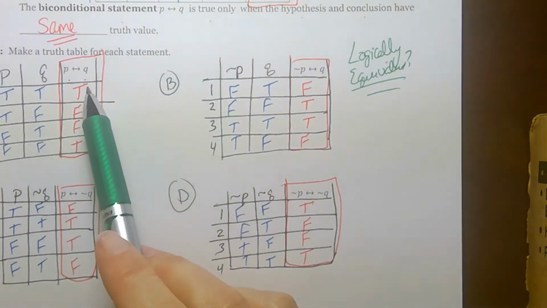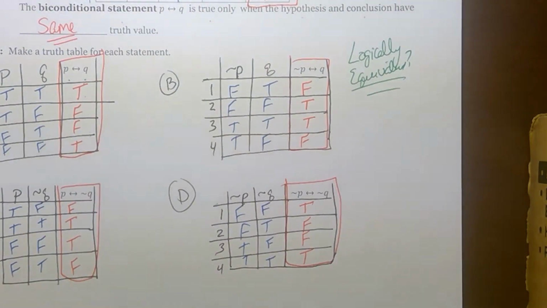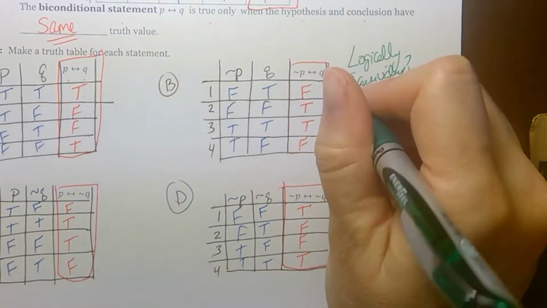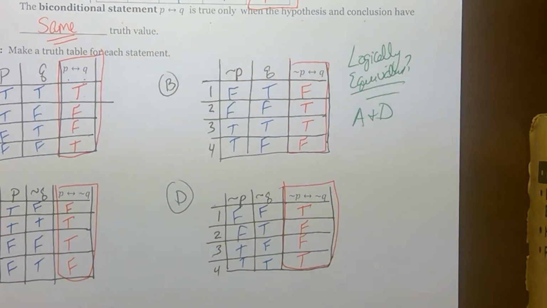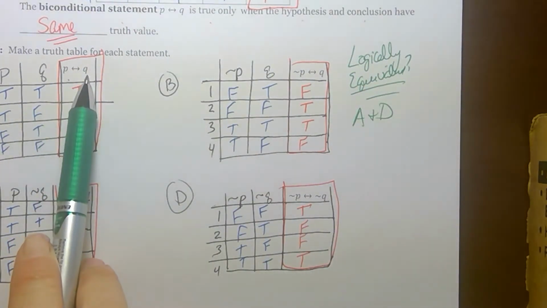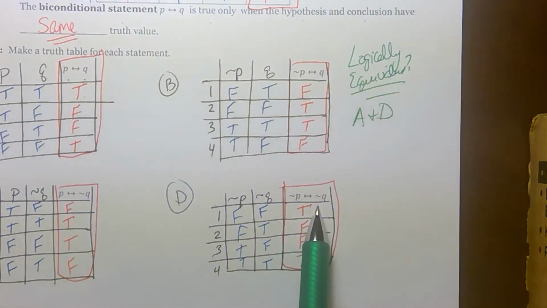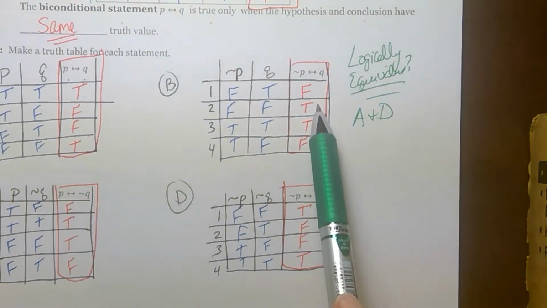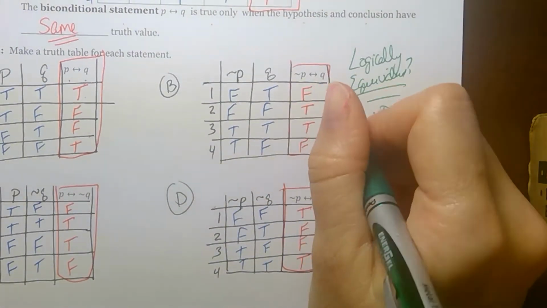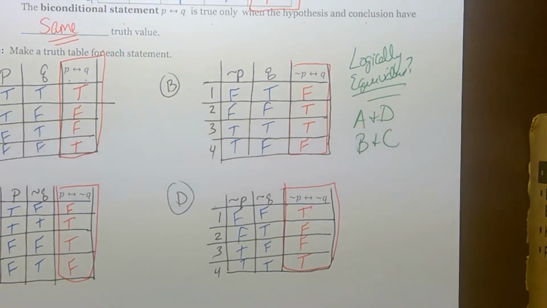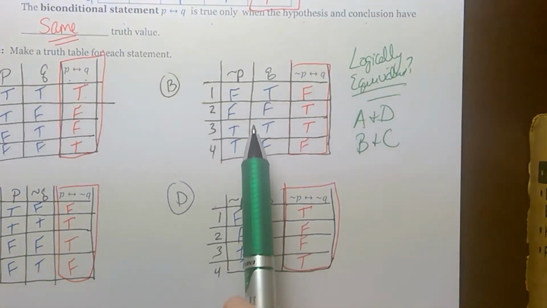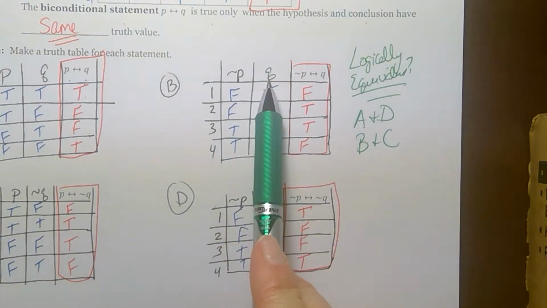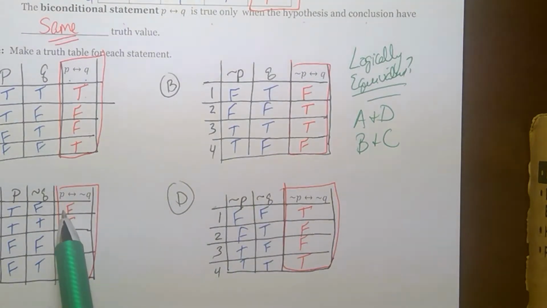Well, A is true for cases 1 and 4. D is true for cases 1 and 4. So A and D are logically equivalent. So P if and only if Q is logically equivalent to not P if and only if not Q. And then I've got true cases 2 and 3 for both B and C. So B and C are logically equivalent. So not P if and only if Q is logically equivalent to P if and only if not Q.